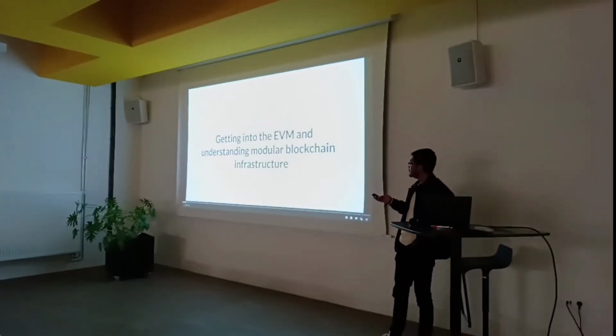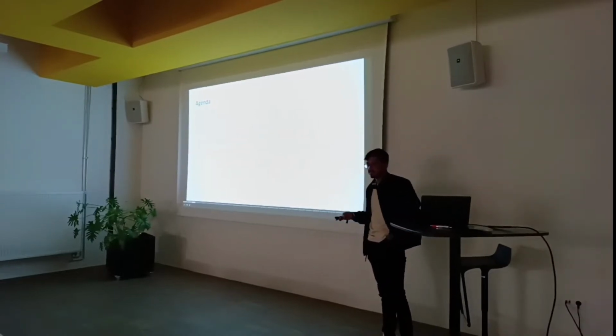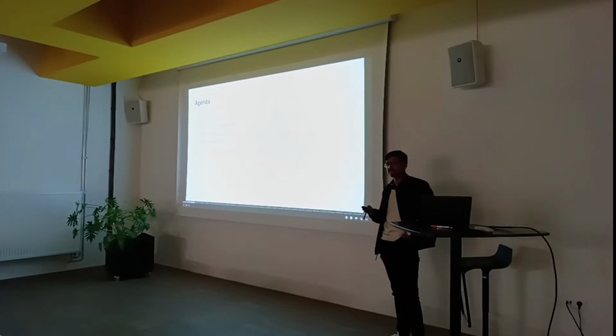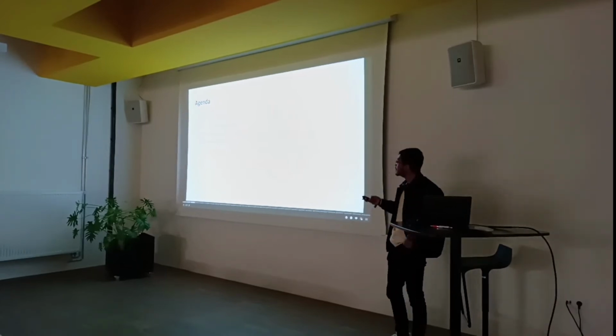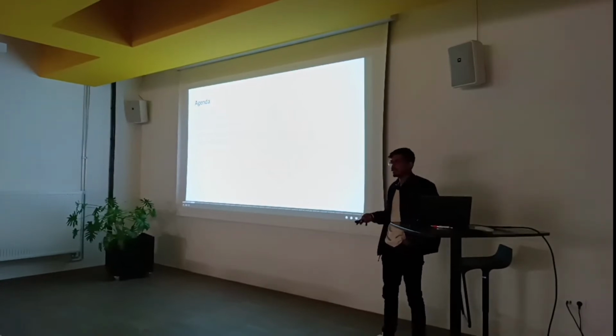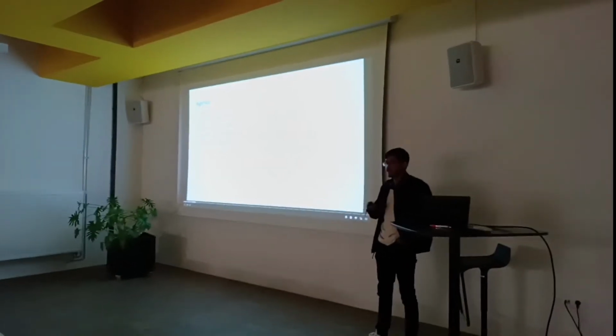Let's talk about the agenda. What we'll be covering today is what exactly is the EVM? When we say the word EVM, what does that really mean? We'll go into what the blockchain trilemma is, what we seek to solve, where we'll be in the next couple of years, and why we need modular blockchains.